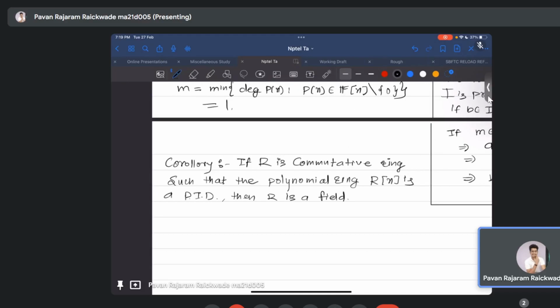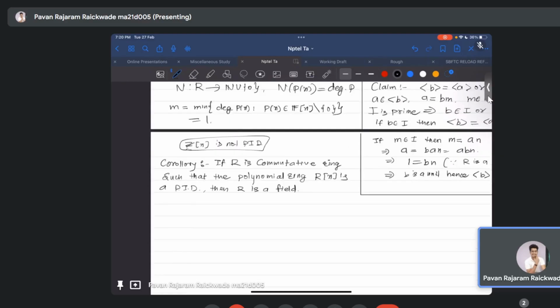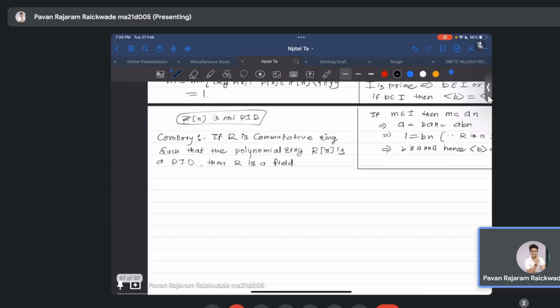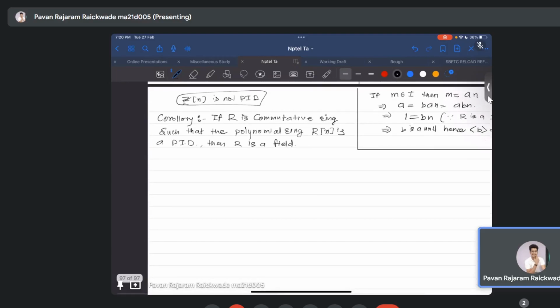Okay, so this is an important corollary. An application is basically you can directly conclude that Z[x] is not a PID. Why? Because by this proposition, if Z[x] is a PID, then Z will be a field, right? But Z is not a field, so you can directly cut it out. Z[x] is not a PID.